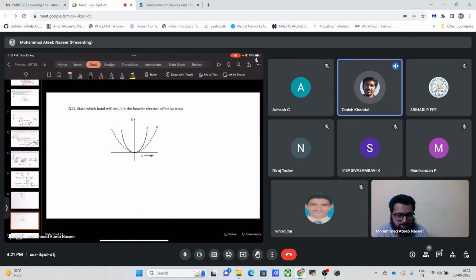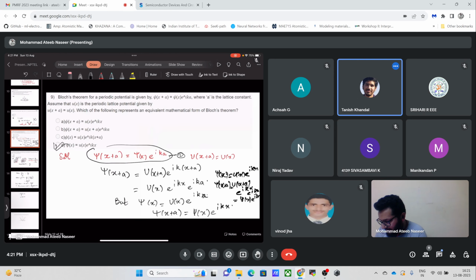Even though, I want to ask one question in that Bloch theorem question. I am unable to create a relation between multiple representations of Bloch theorem. Okay, I also got confused. I will try to solve it again after this class and update it in the notes.